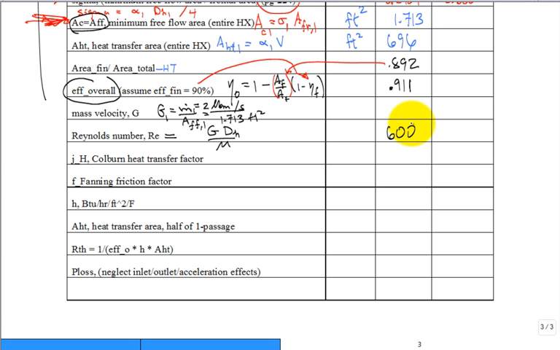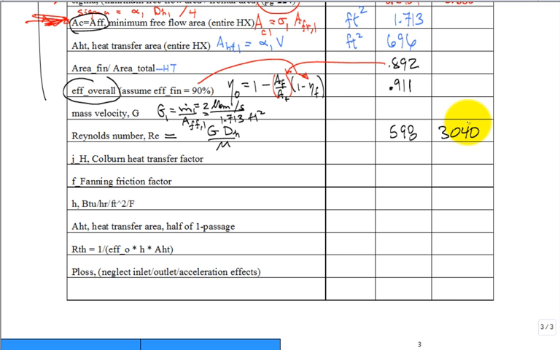Should have written it down. Well, I have it somewhere. Okay, 598. So it's right at 600. And then for the second flow passage, it's 3040.